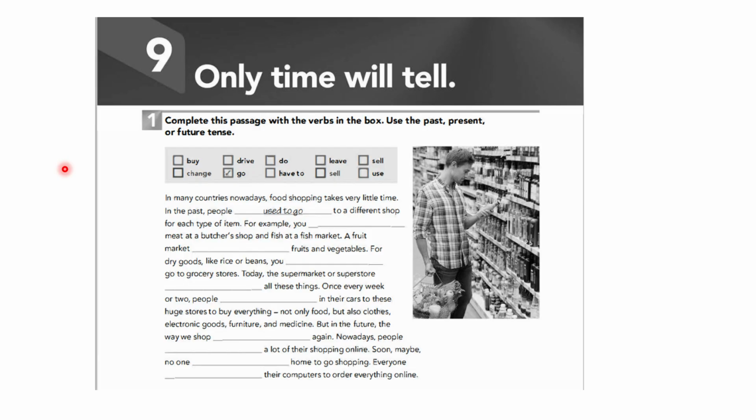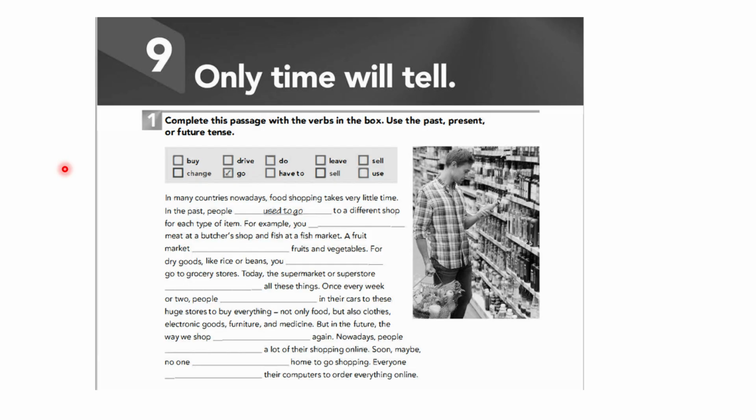Use the past, present, or future tense. Okay, so let's see this. Let's see if you get to identify the proper tense. This is easy, but it has its tricks. In many countries nowadays, food shopping takes very little time.